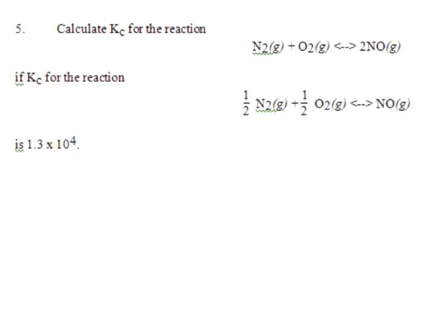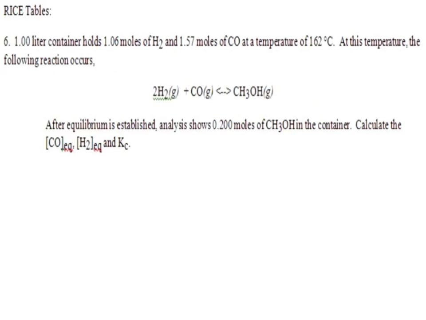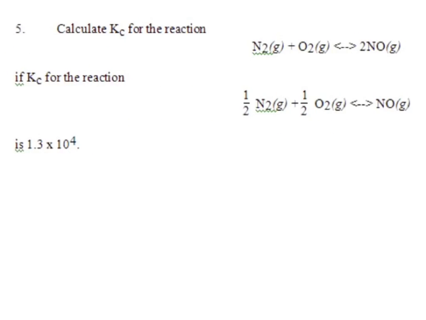All right, calculate the Kc for this reaction, if the Kc for this reaction is 1.3 times 10 to the 4th. So what happens from one to the other? When we go from here to here, what happened? It doubled. We multiplied by 2, right?